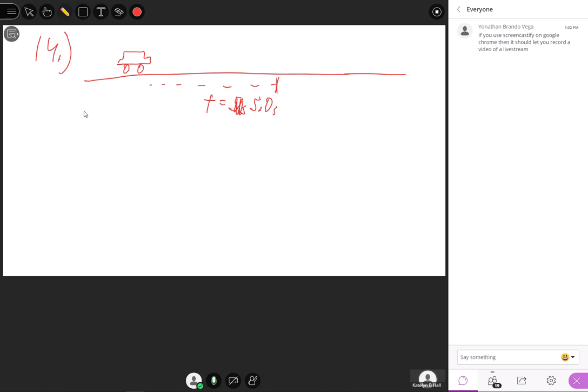Its velocity is given by this. Velocity in the x direction with respect to time is equal to 0.860 meters per second cubed t squared.